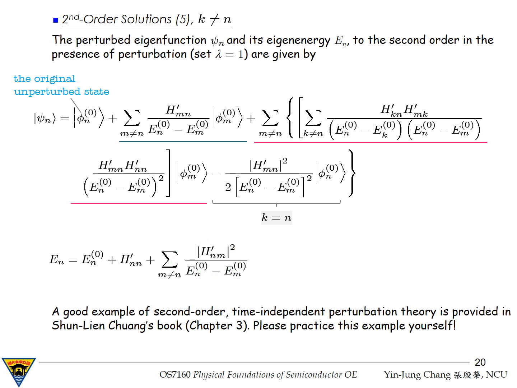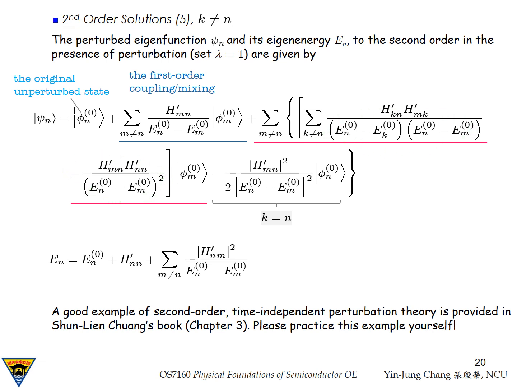The wave function up to second order contains several contributions. First, the original unperturbed state as shown here. Second, the first order admixture of all other states. Third, the second order off-diagonal corrections through intermediate state couplings.